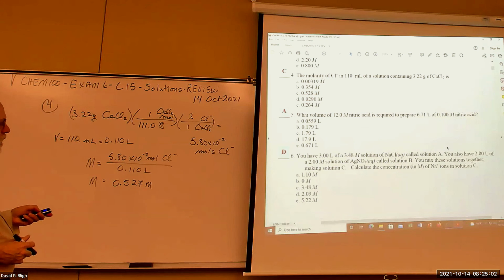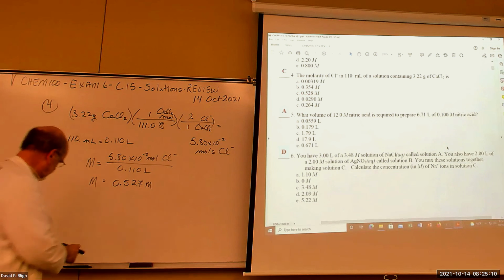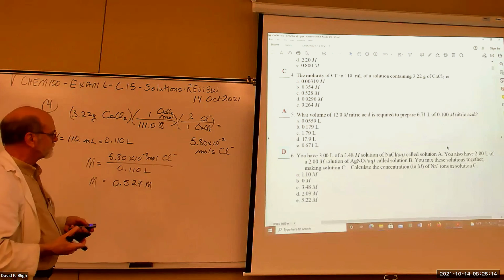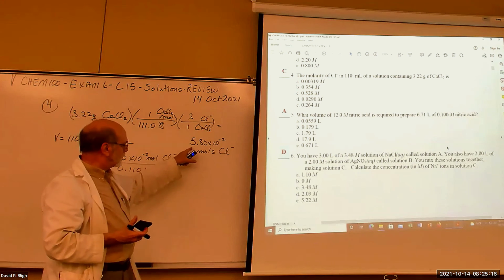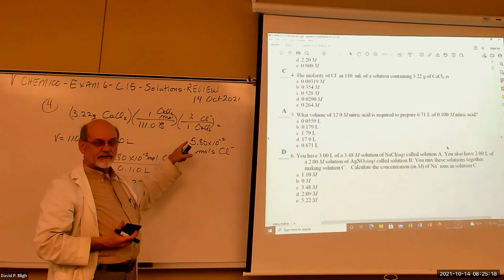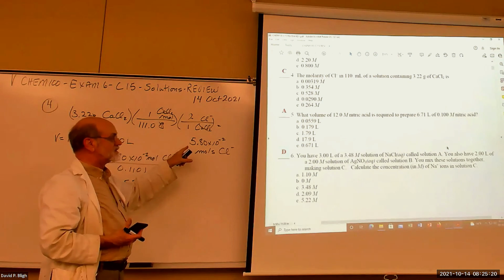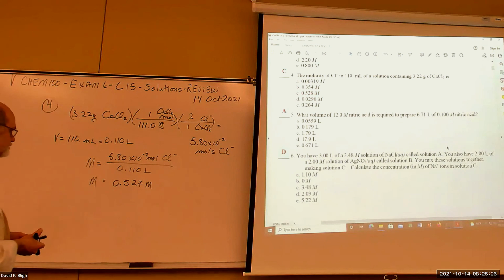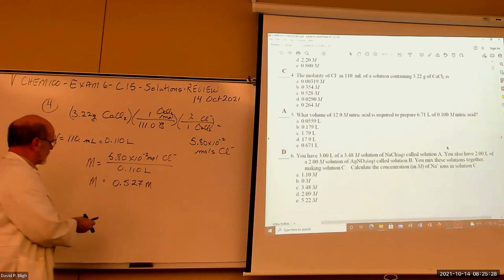Number 4. Oh, here we go. Now, the closest one to it is 0.528. Let me see. I know what happened. This is the rounded number for that calculation, and I left all the decimals in there. So your best answer is 0.528. Let's see if I'm right here.